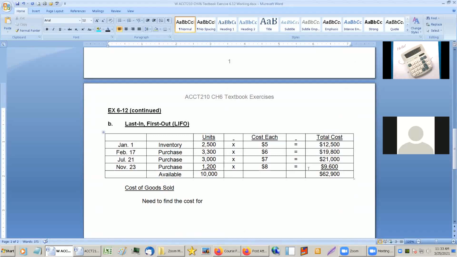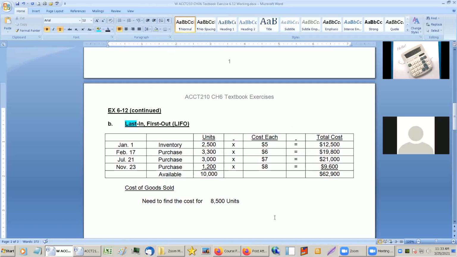You need to find the cost for 8,500 units. And for this one, we need the last ones in. And which ones are the last ones in? And again, this is that one. The method is kind of theoretical.